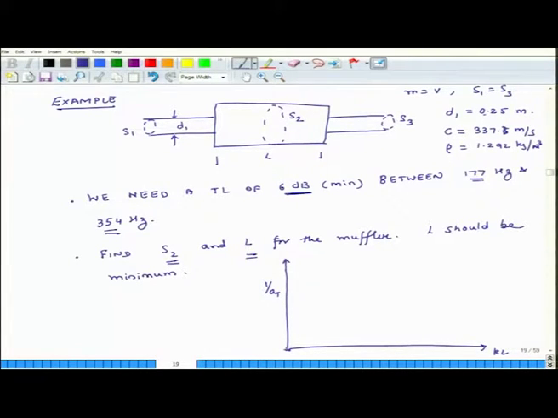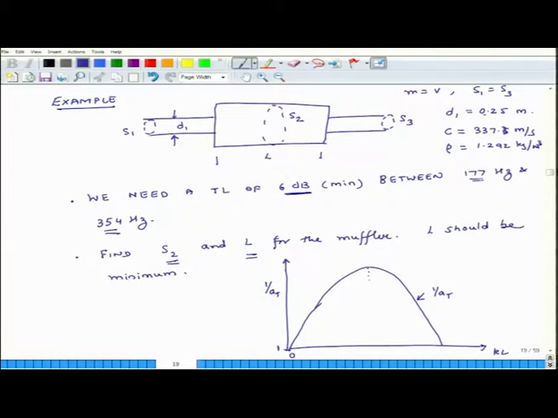When KL is 0 radians, 1 over AT is 1, and this is the curve for 1 over AT.